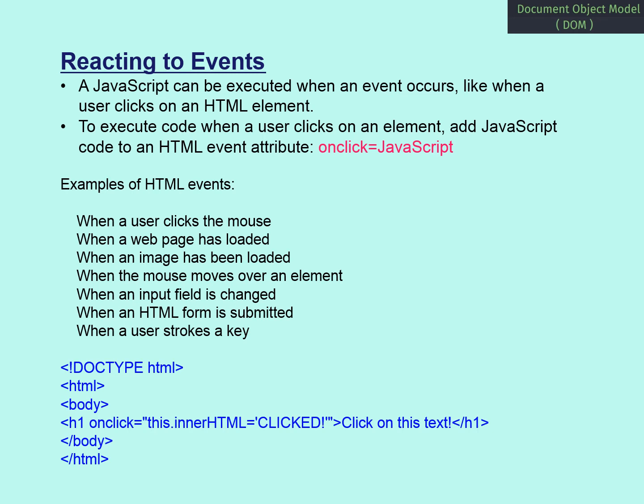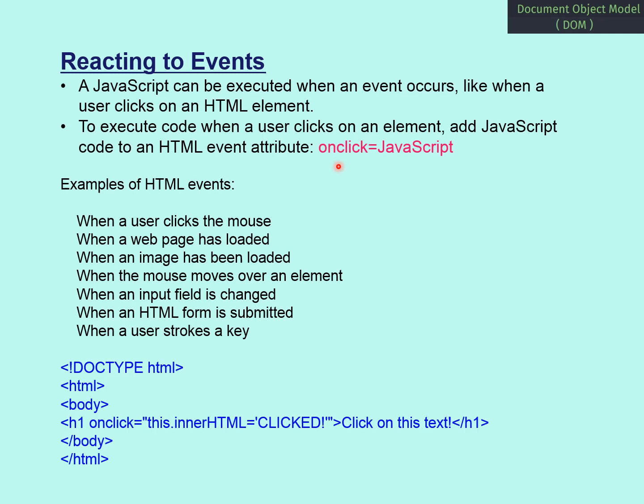The web browser will treat it as a particular event, and the corresponding onclick event handler will handle that click event, so that the code related to the onclick event will execute.